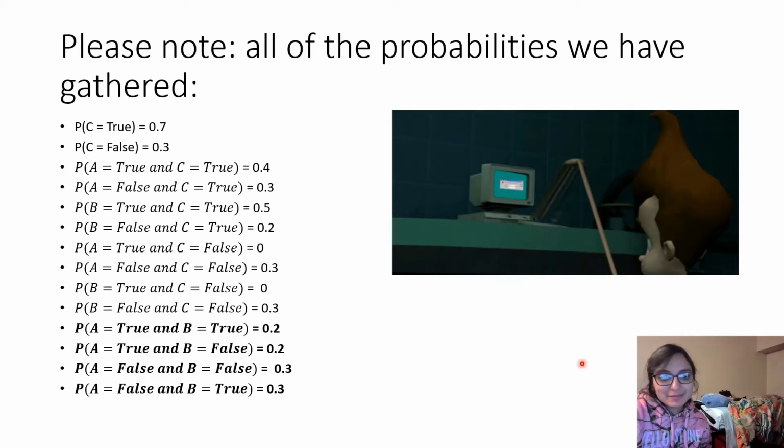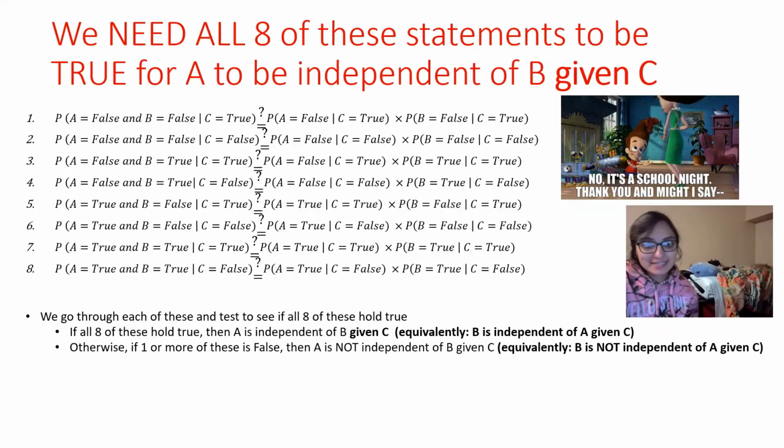So these are all the probabilities that we've gathered, as I mentioned, and they're going to be like a formula sheet as we go through and check all these 8 different conditions to see if these are true. If all 8 hold true, then A is independent of B given C. And if one or more fails, then A is not independent of B given C. So we're going to get started by checking each of these.